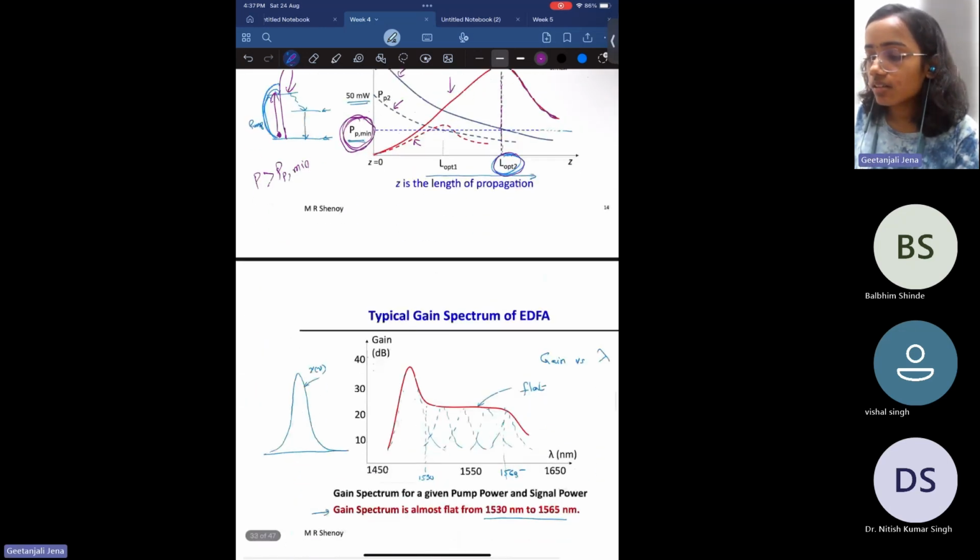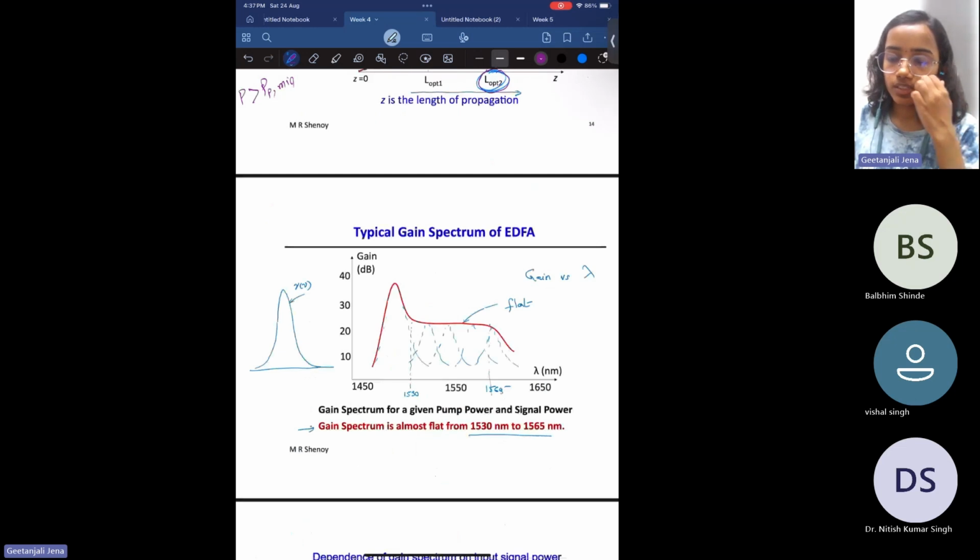So let us see what the gain spectrum of EDFA is. The gain spectrum, if you see, is not a flat line over all the wavelengths. There is an increase in gain, then there is a flat line around 1550 nanometer.